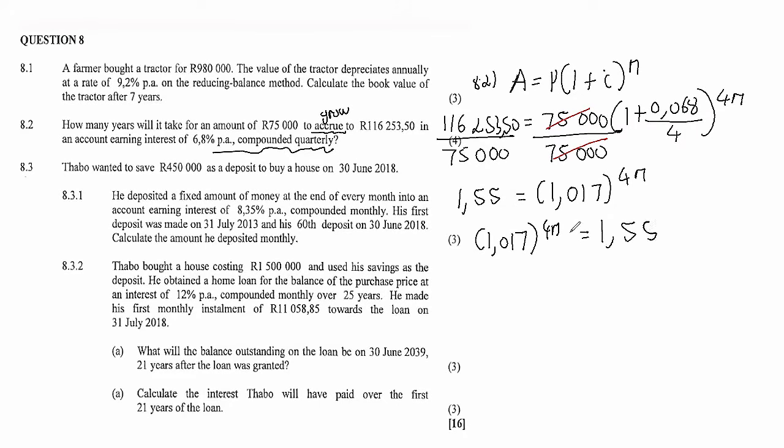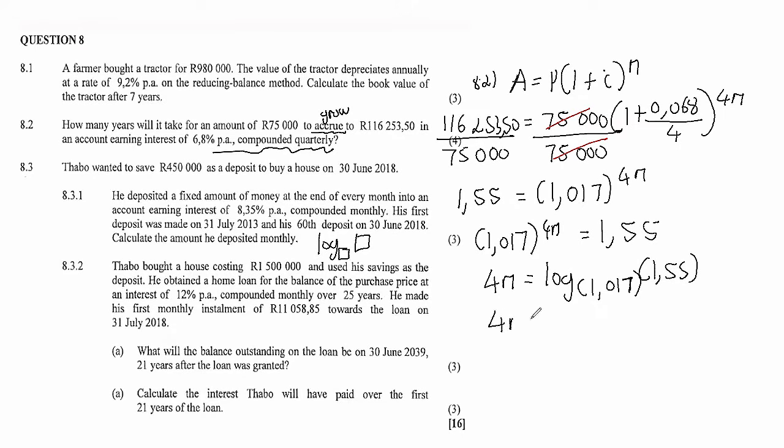So now we want to make 4n the subject of the formula. This will be 4n is equals to log base 1.017 of 1.55, right? So you remember the log function that we use. It's that one there in your calculator.